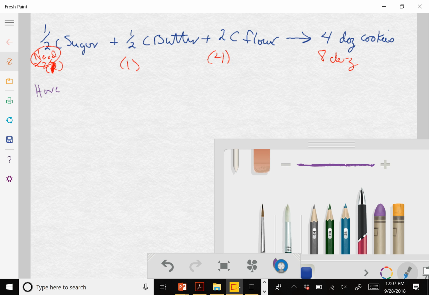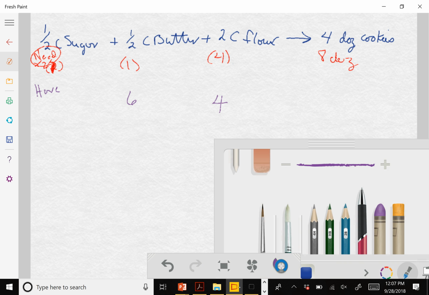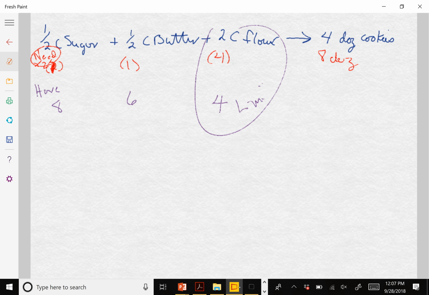Let's say you have 4 cups of flour, and let's say you have 6 cups of butter. Wow. And let's say you have 8 cups of sugar. So which one are you going to run out of first if you're making cookies? Flour, exactly. So this is in limited supply, and these 2 are in excess.